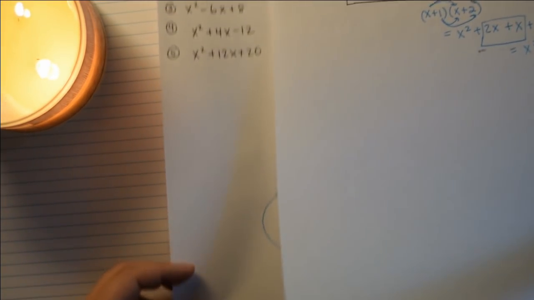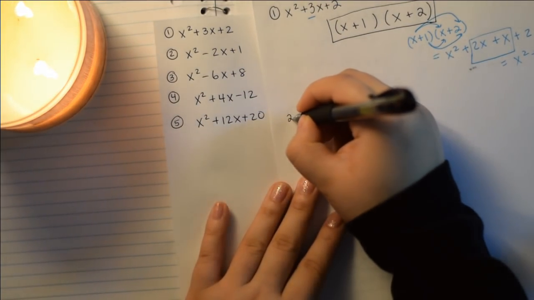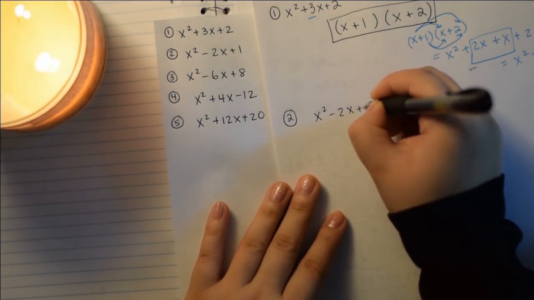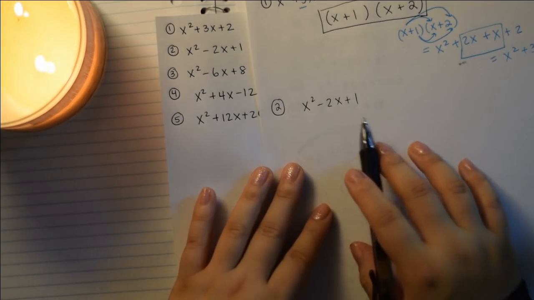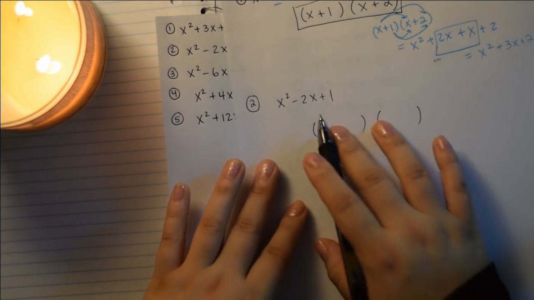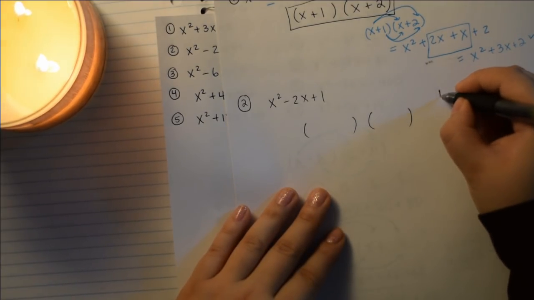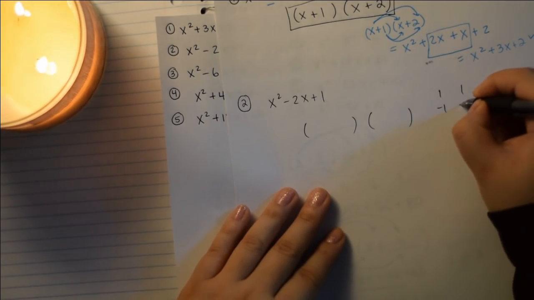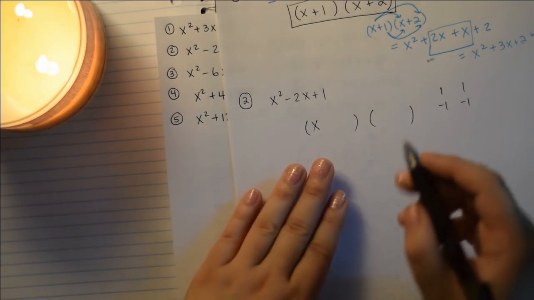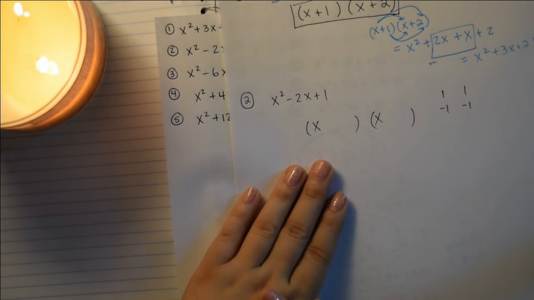Okay, so same reasoning for the rest. x squared minus 2x plus 1. So what two numbers multiply to give me plus 1? Well, 1 and 1, or negative 1 and negative 1. Because I still have my coefficient of just 1, so x and x.